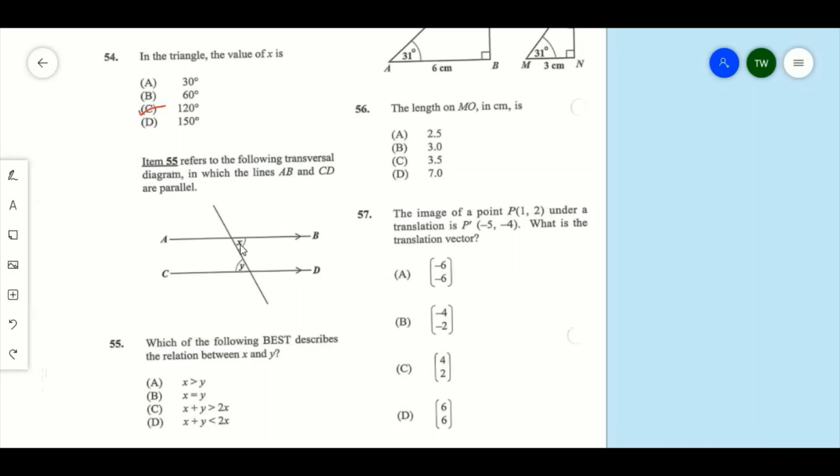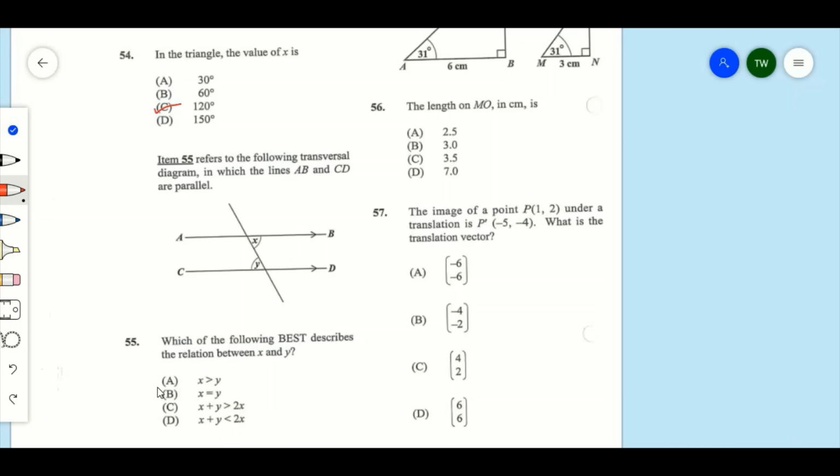So there is angle X, here is angle Y. The first option, so A is not the answer. B, X is equal to Y. Yes. And the reason for that is angle X and angle Y are what we call Z angles or alternate angles. And our alternate angles are equal.